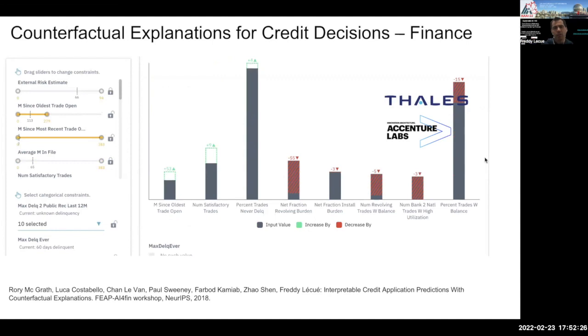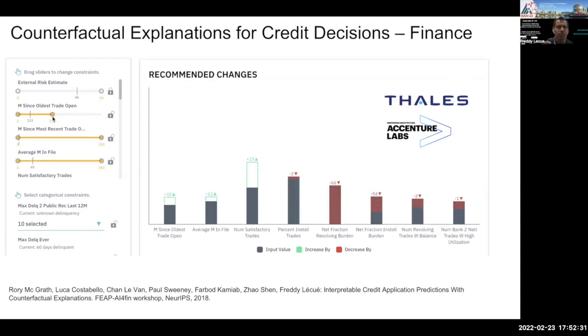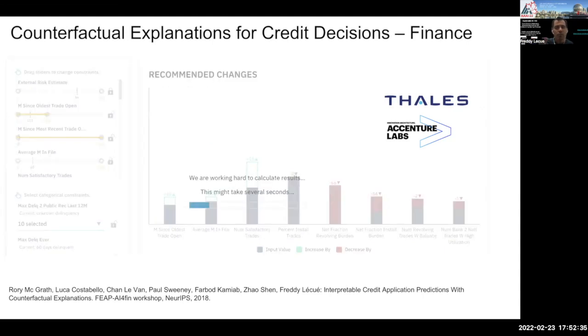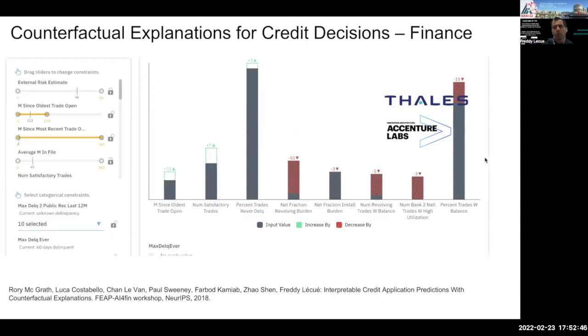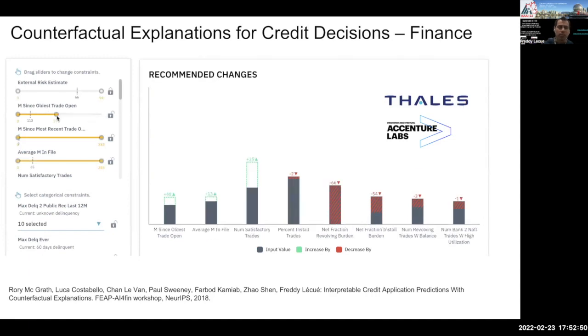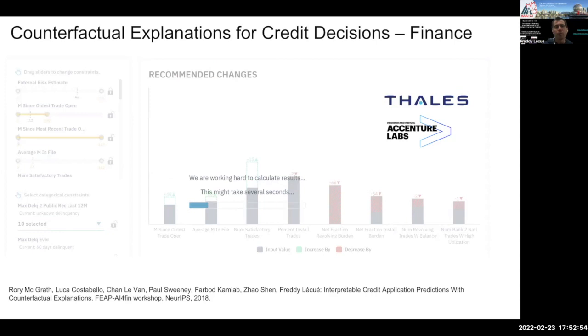And this is exactly what you see here. That means you see the set of features. Green means where you need to get higher, and red what you need to reduce. And in the left panel, you have locked features. So maybe there's something in your application about the geography you live in, and, I'm just making it up, maybe that's part of the model used for making the predictions.